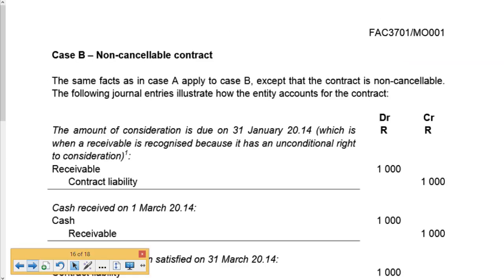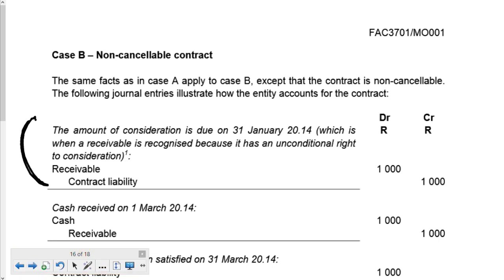A non-cancelable contract. The same facts apply, but it's not cancelable. When it's not cancelable, we recognize, why a receivable? Oh, okay. Contract liability. Yeah, I don't know. This is a funny journal.